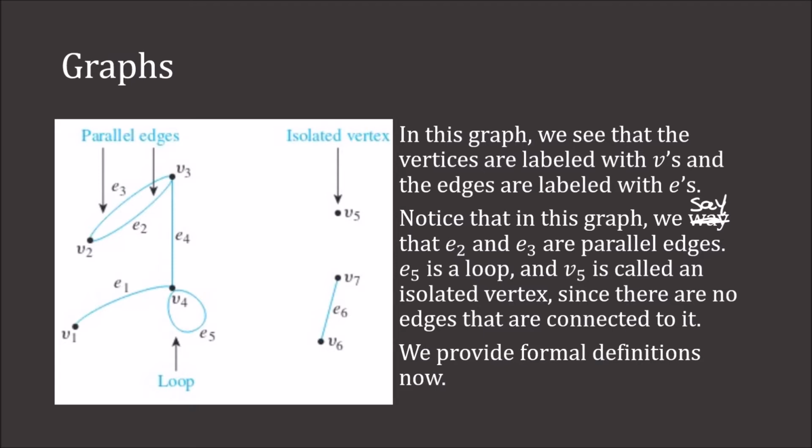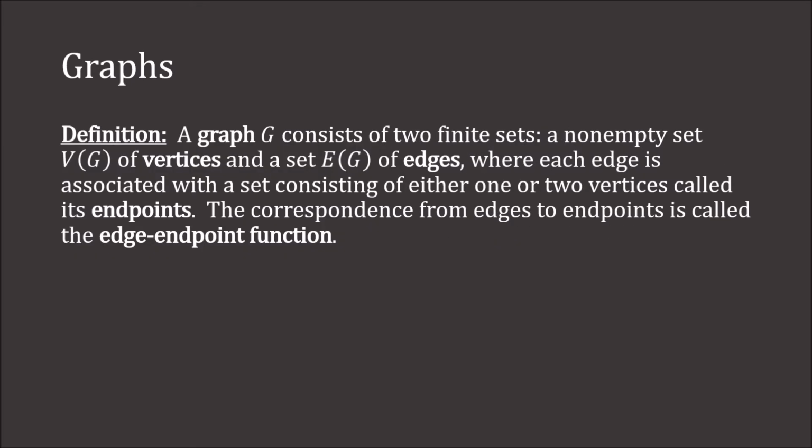So we provide formal definitions now. A graph G consists of 2 finite sets. A non-empty set of vertices, which is typically denoted as V of G, and a set of edges, typically denoted E of G, where each edge is associated with a set consisting of either 1 or 2 vertices, called its endpoints.